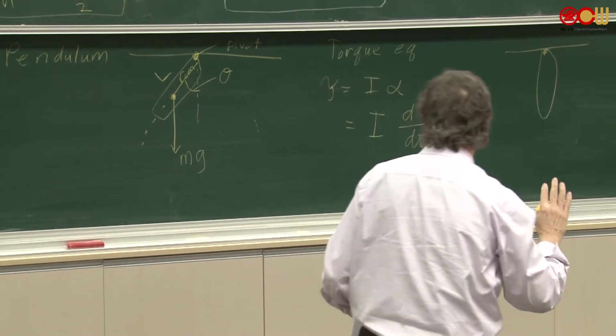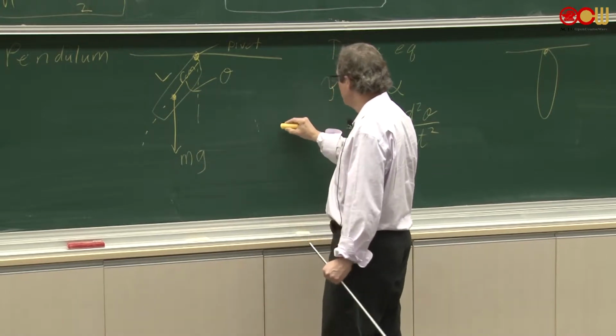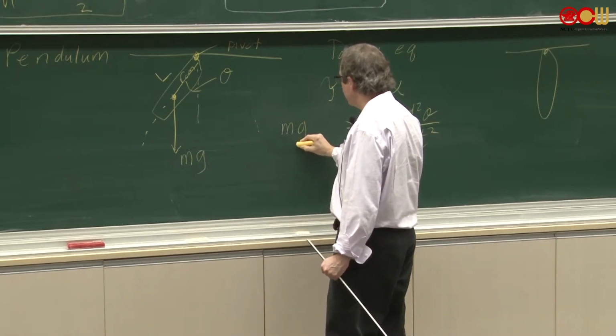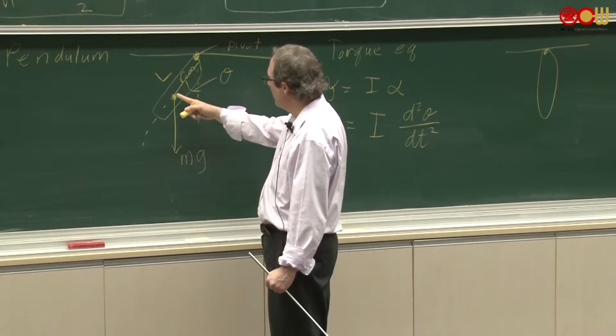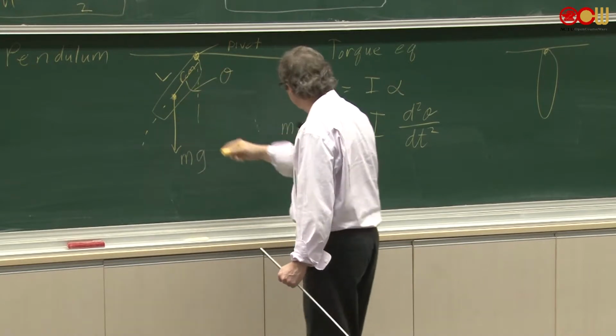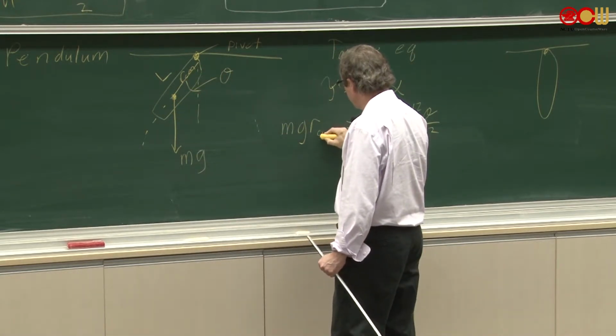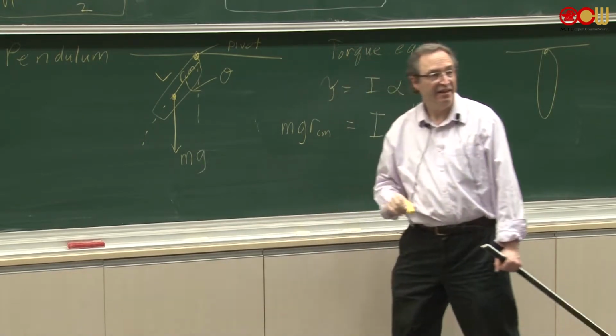All right, so the only torque is due to gravity. So let's see what it is. It's mg, and then it's got to be, the moment arm is R center of mass, right? Is that it?